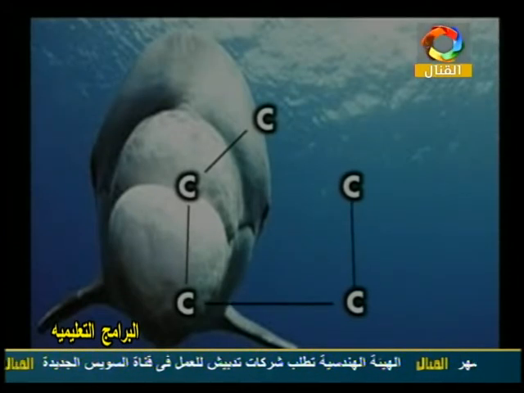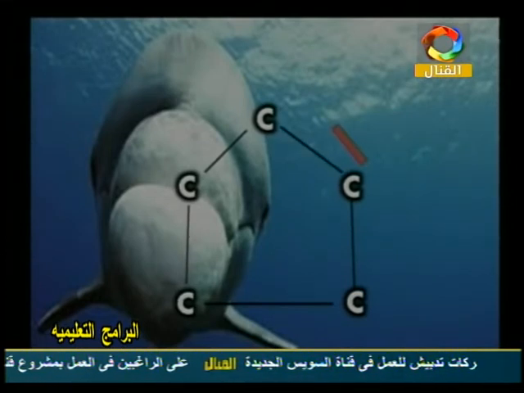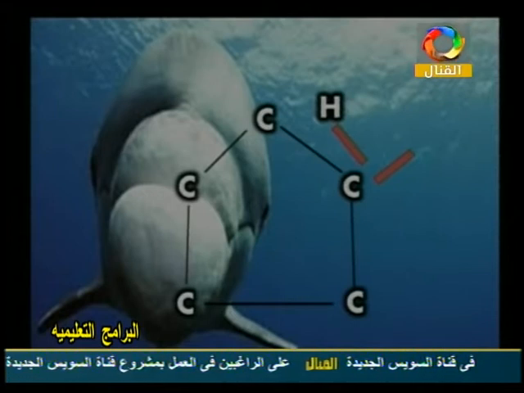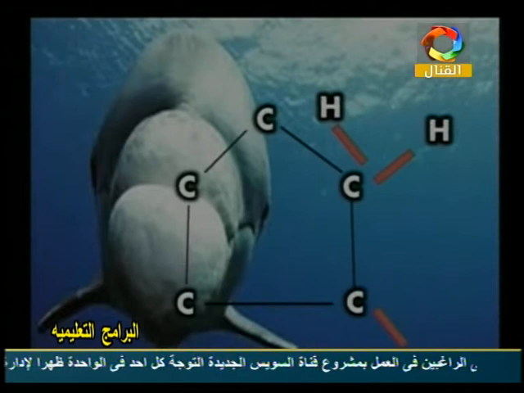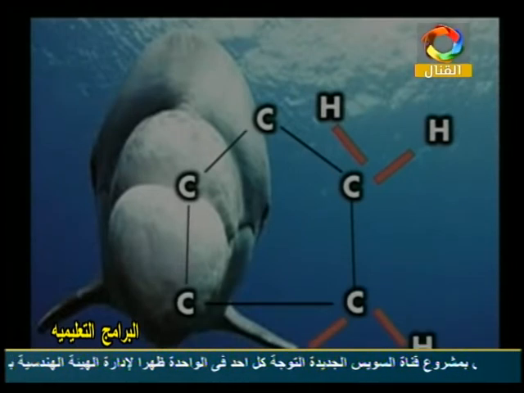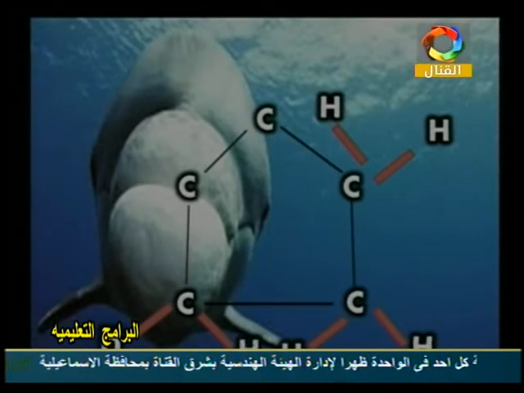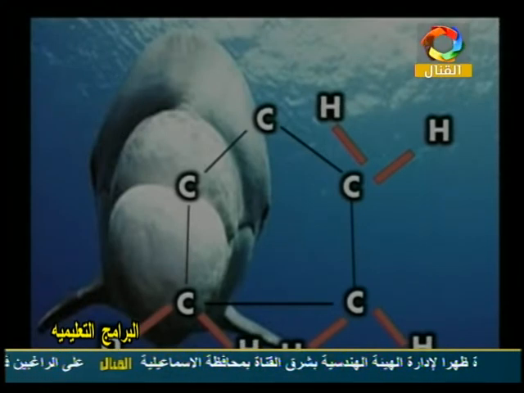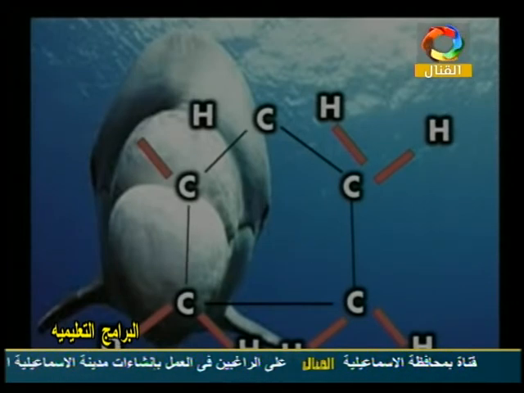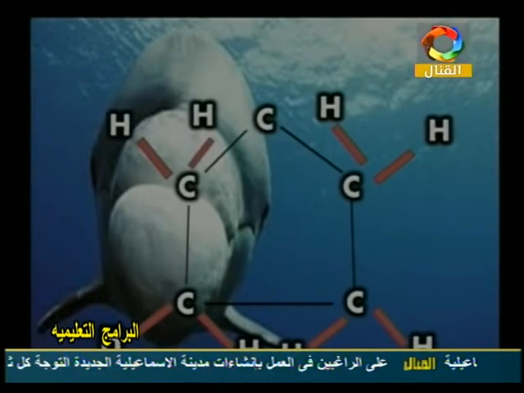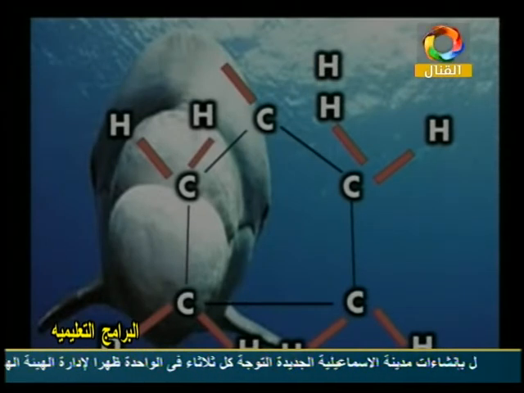Each carbon is joined by 2 hydrogen atoms in each direction. So the final result will be C5H10. Easy question, and important to find the structural formula, not the molecular formula.